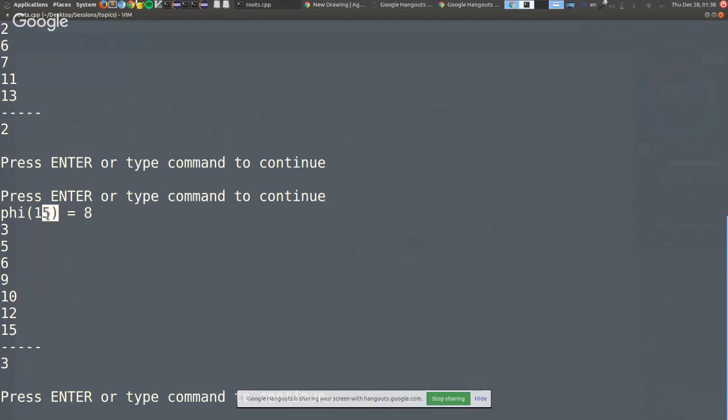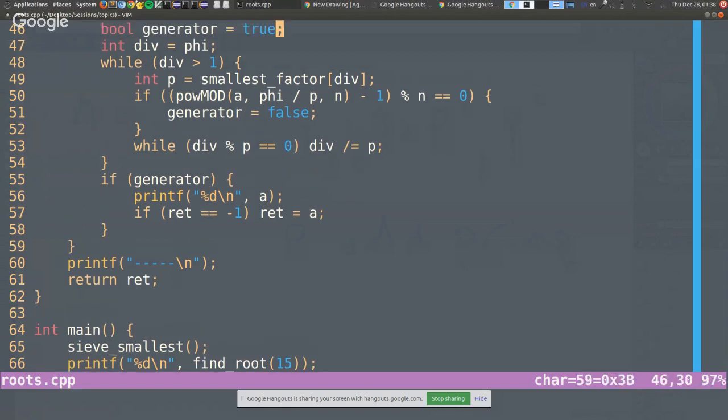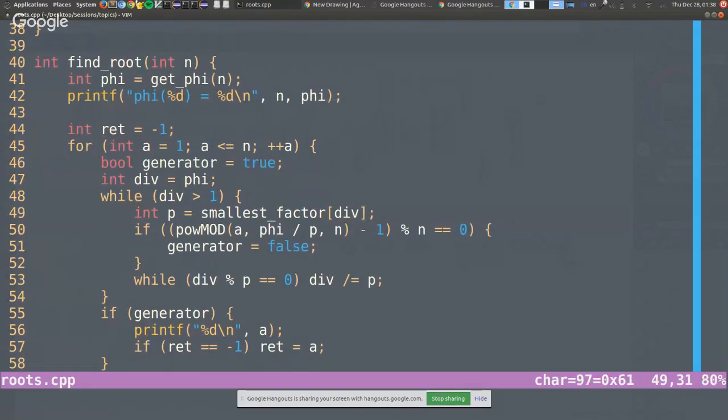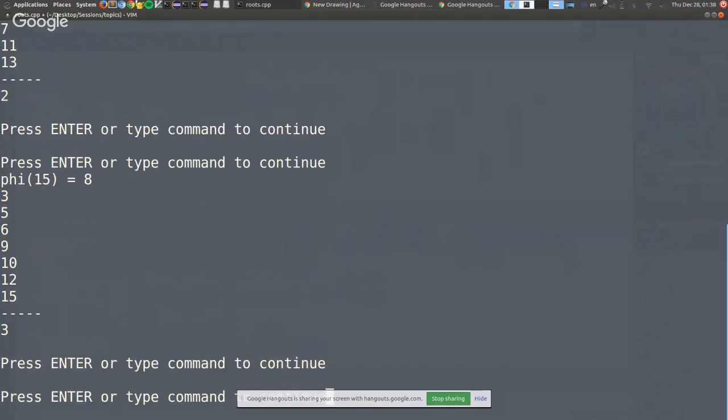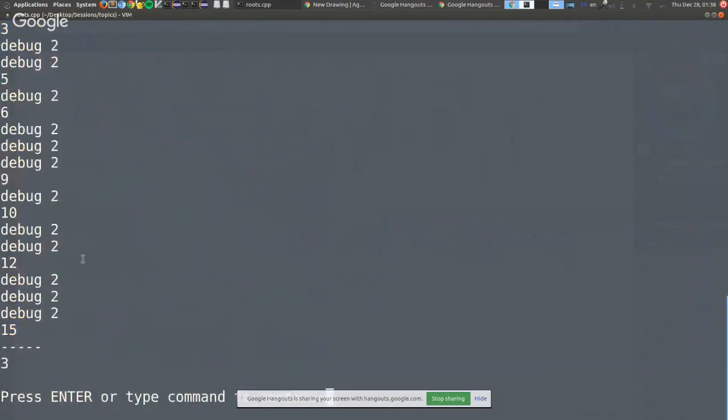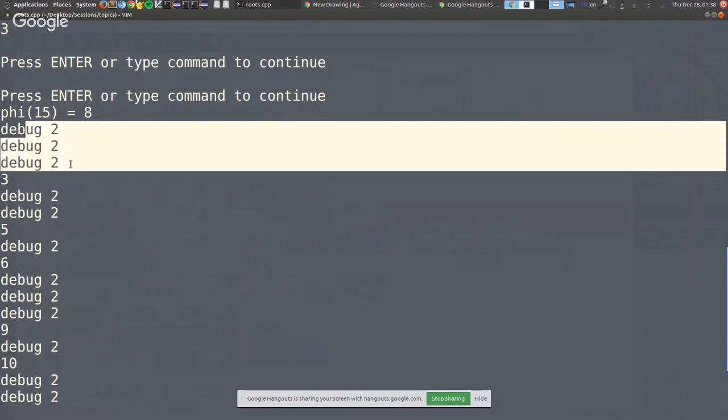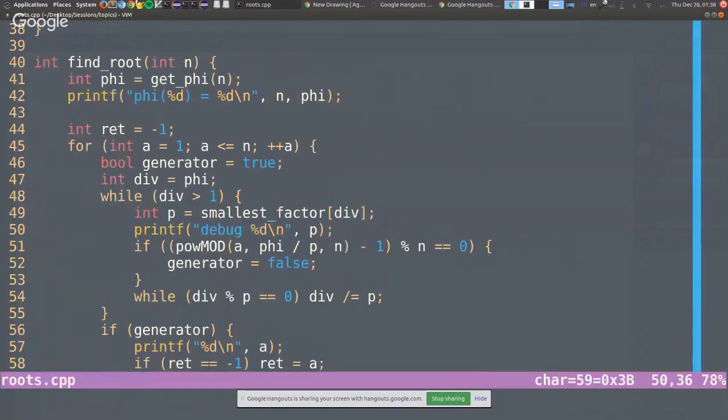Here we have the phi of 15 equal to 8, as we said earlier. Here it found that 3 is a root. Effectively it only finds that the only divisor is 2.